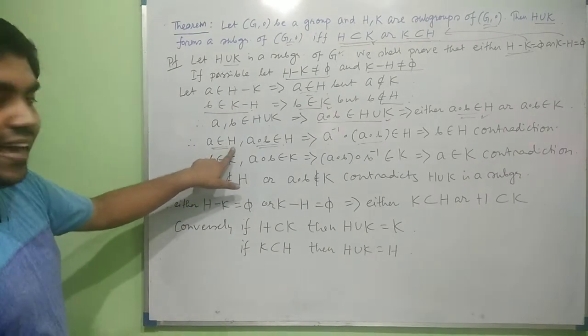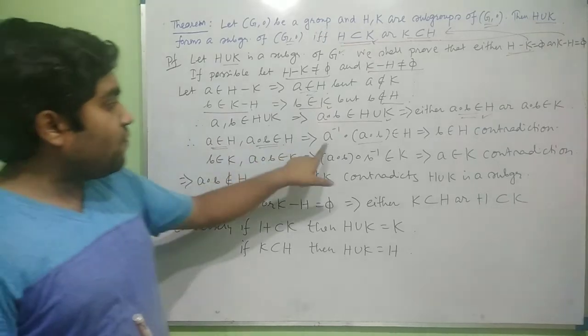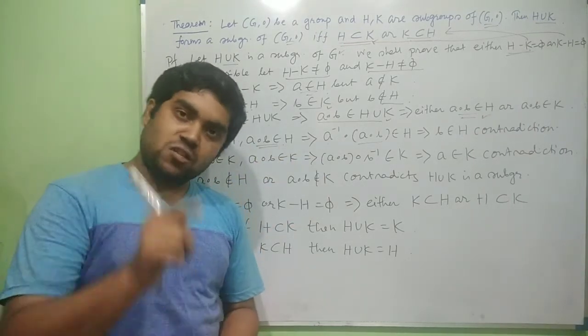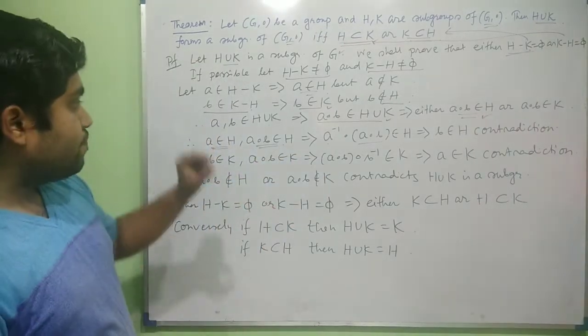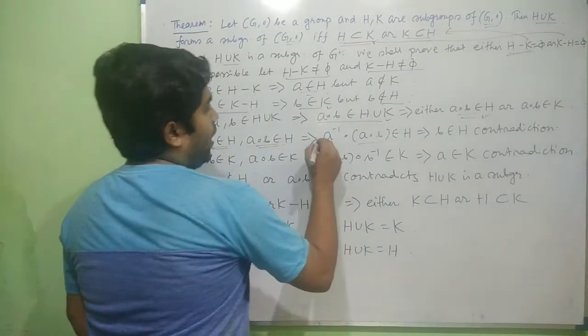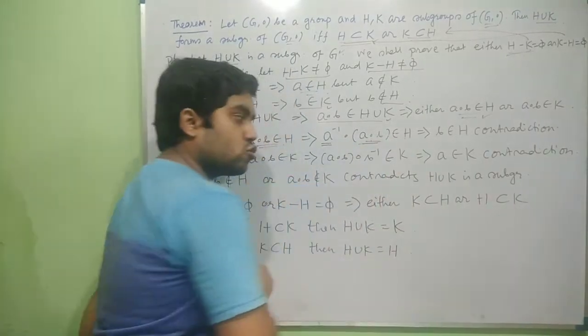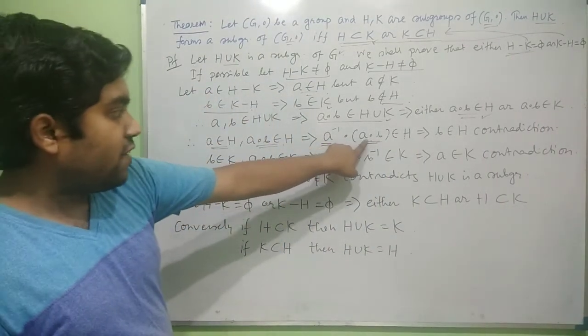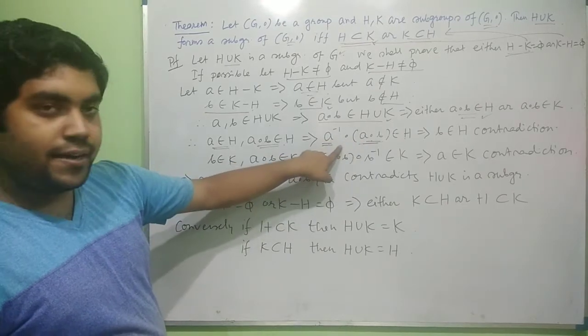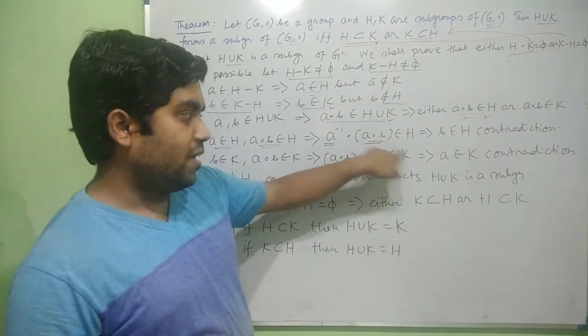Since a is in H and H is a subgroup of the group G, therefore the inverse of that element a must be in H. Also, the closure property holds, implying the composition of a inverse and a∘b must belong to H. Due to the associativity, we can apply that a inverse ∘ a ∘ b equals e ∘ b.